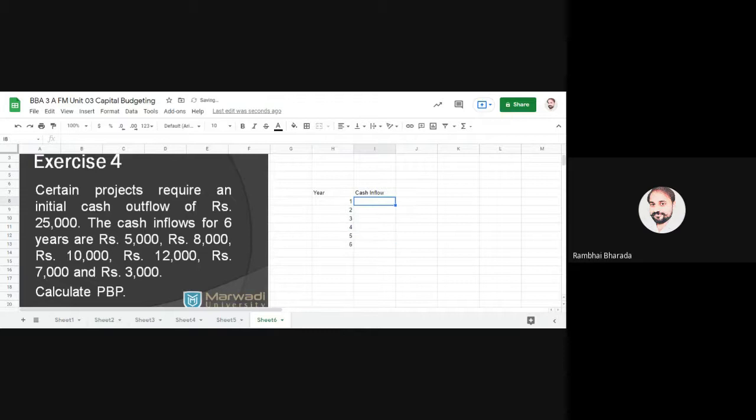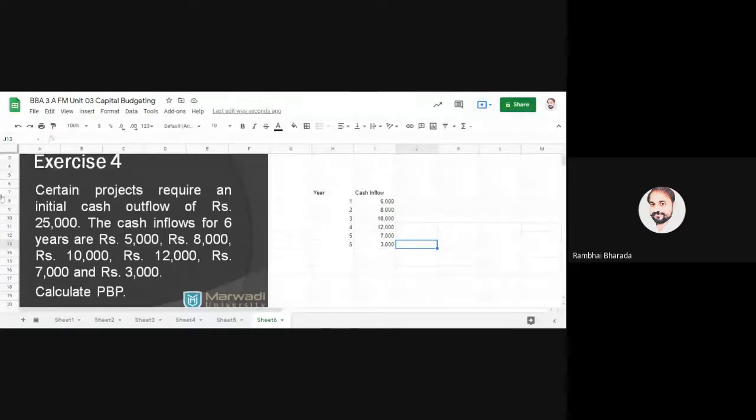In the first year, how many rupees? 5,000. In the second year, 8,000. In the third year, 10,000. In the fourth year, 12,000. Fifth year, 7,000. And in the last year, 3,000. Are we clear? This means we have transferred the data into a table.